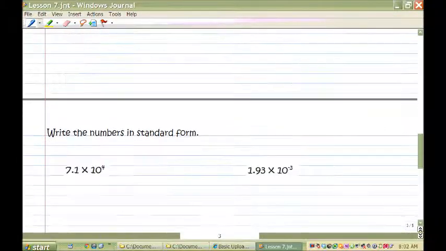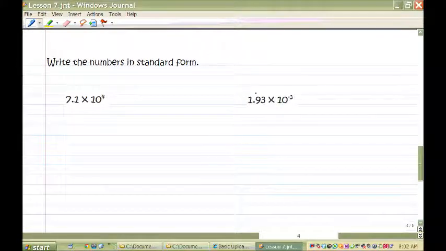Now, I have numbers that are in scientific notation, and I want you to write them in standard form. Can you do that? Try it. Pause the video. All right, for these, I have here 7.1, and my order of magnitude is 4. So that tells me to move the decimal to the right 4 places. So 1, 2, 3, 4. These spots I fill with zeros.